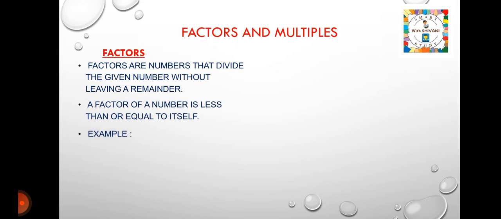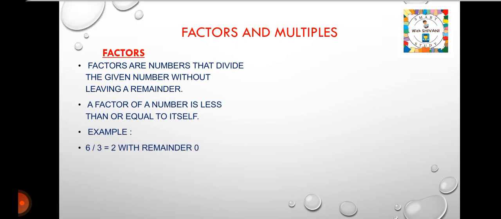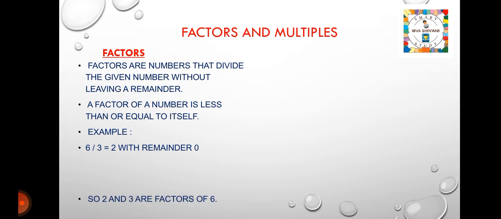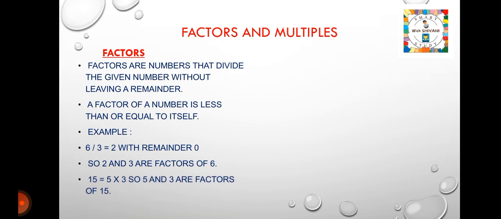Looking at the example, the number is 6 and we need to divide it by 3. When we divide 6 by 3, we get a remainder of 0 and a quotient of 2. So 3 and 2 are nothing but the factors of 6.